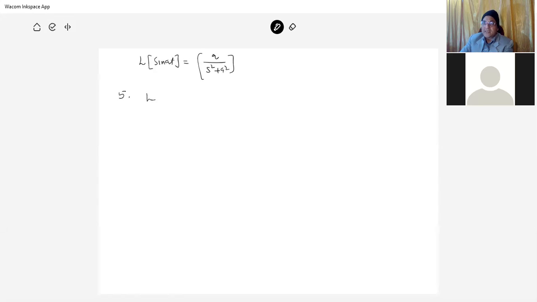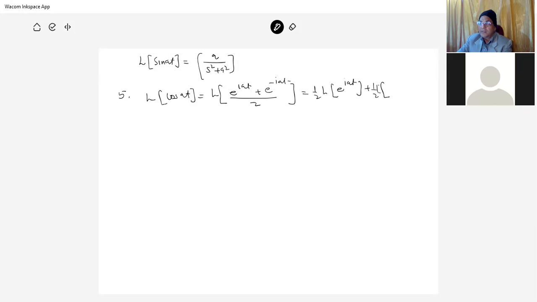The fifth one is L of cos at. This can be done directly by the alternate method of the above also: e raised to the power iat plus e raised to the power minus iat divided by 2, or you can have 1 by 2 L of e raised to the power iat plus 1 by 2 L of e raised to the power minus iat.